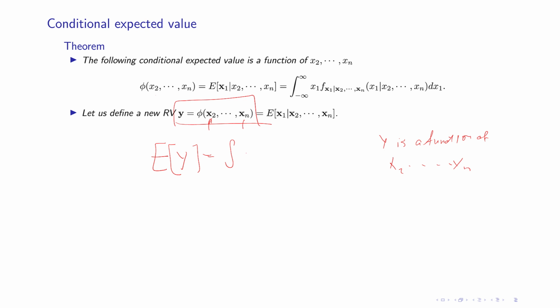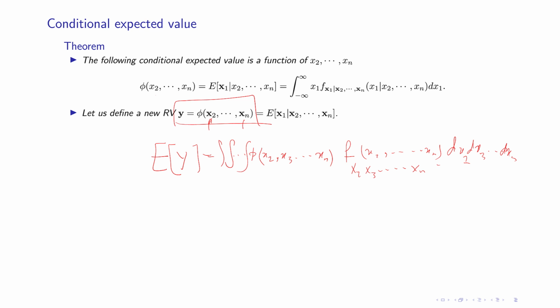So you could put phi of x2, x3, xn, and then you have to put the distribution of x2 to xn. So you put f of x2, x3, xn, and then you have to integrate it, so dx2, dx3, dxn. So this is going to be a multiple integral, all from minus infinity to plus infinity.